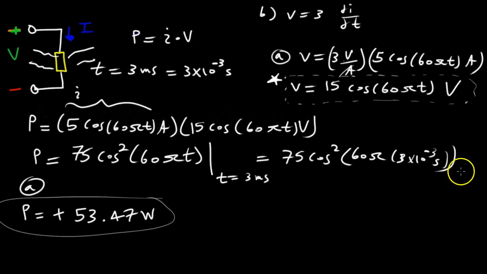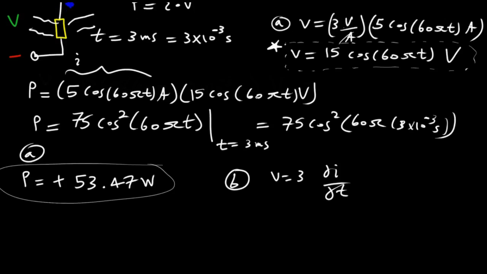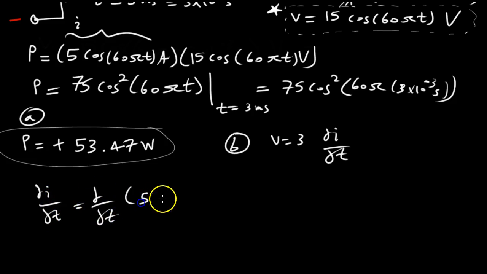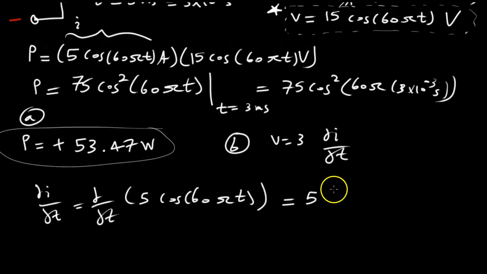And for part B now, the voltage is going to be 3 times the rate of change of the current. So for the rate of change of the current, we've got to look at the current, which is that right there, and the rate of change of current is going to be the rate of change of 5 times cosine of 60 pi t. And what that's going to be is, well, 5 is a constant with respect to time, so we're going to pull the 5 out and take the derivative of the cosine with all the argument inside of it.